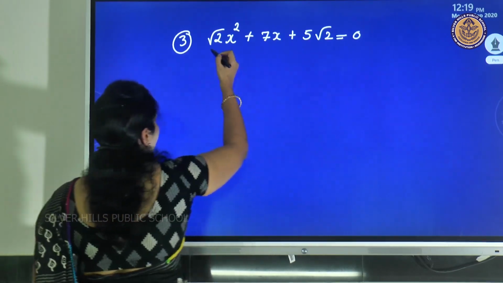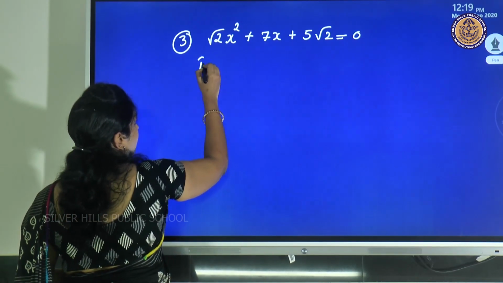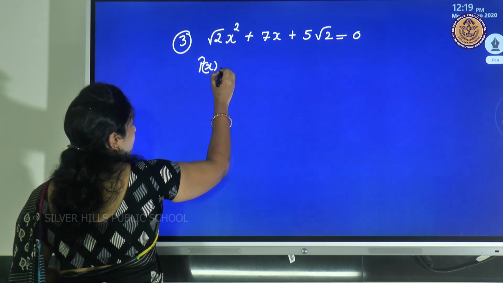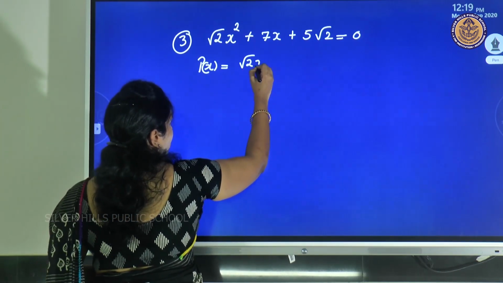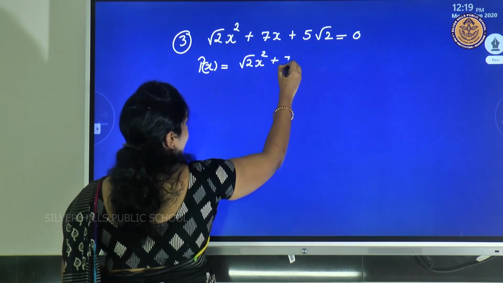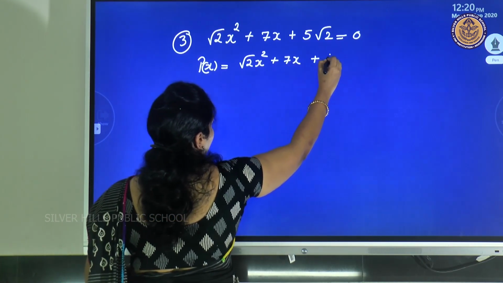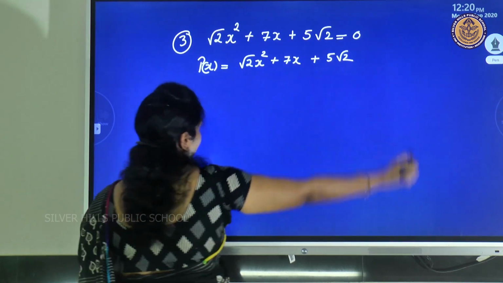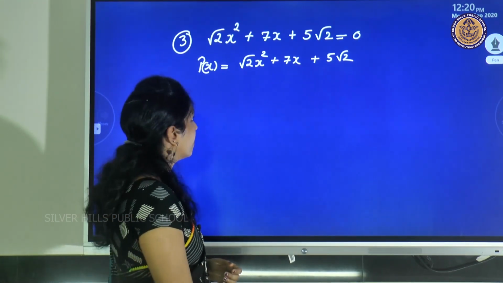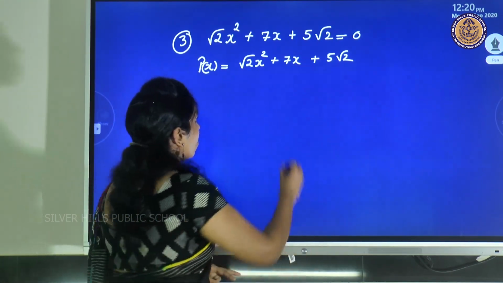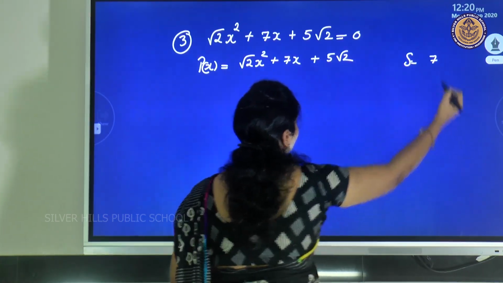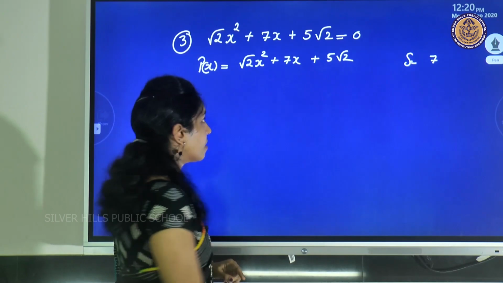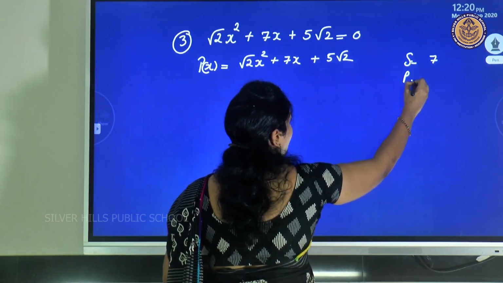So let's take the left side expression. We'll name it as p of x. So let p of x is equal to root 2x square plus 7x plus 5 root 2. I want two numbers whose sum is 7 and product is equal to, what will be the product?